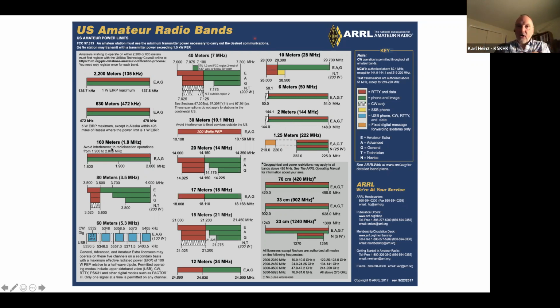But because we have all these frequencies available here on this chart, we can pick and choose a frequency at any given time of day during the year, throughout the 11-year solar cycle, where we can say, with a very good chance, I can make a contact from here to any point on the Earth. Now, it may not work every day, but it will work eventually.